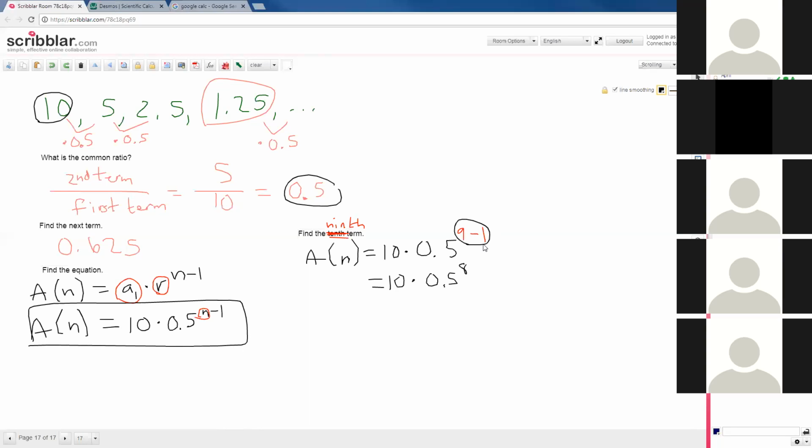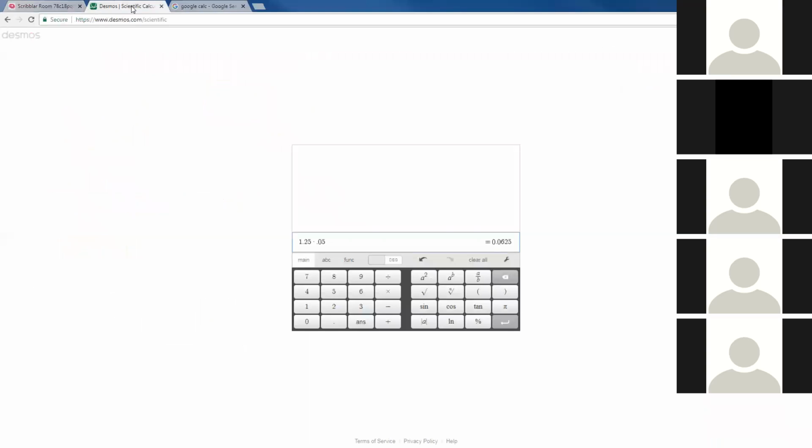But once you do that, now we're just typing this into a calculator. 10 times 0.5 to the 8th. 10 multiplied by 0.5 raised to, in this case it's this AB button, 8. And you can use any calculator you're comfortable with.